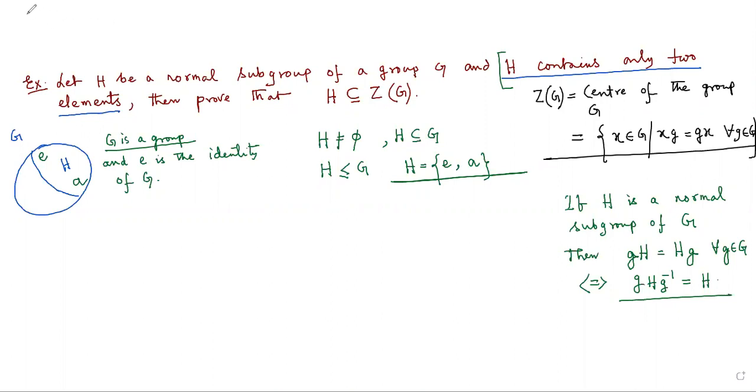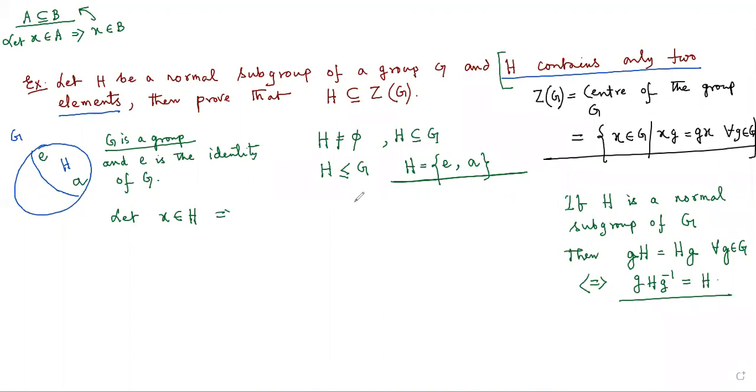We know that if I want to show that a set A is a subset of another set B, then the process is we take an element from the set A and show that this element also belongs to the set B, which is true for all x. Then only we can say that A is a subset of B. So we are going to choose an element x from the set H, and I'm trying to show that this element x is an element of ZG also.